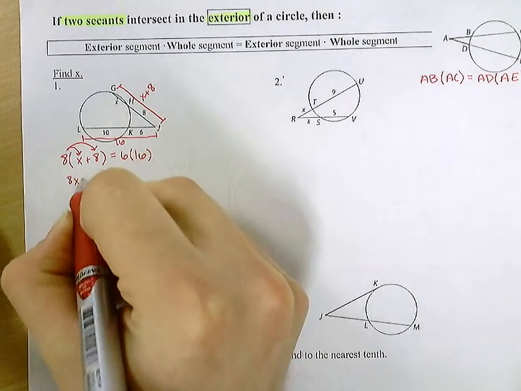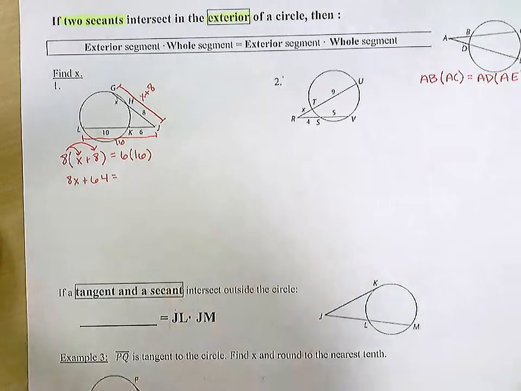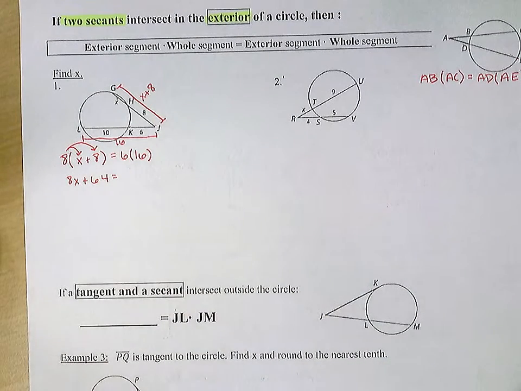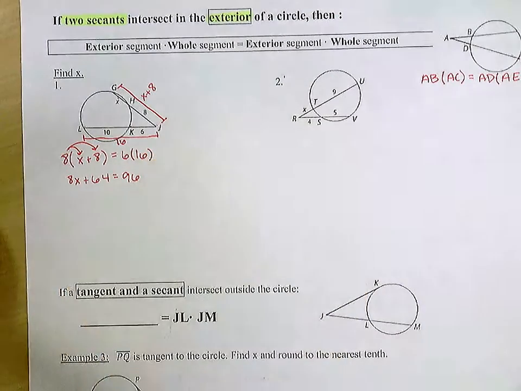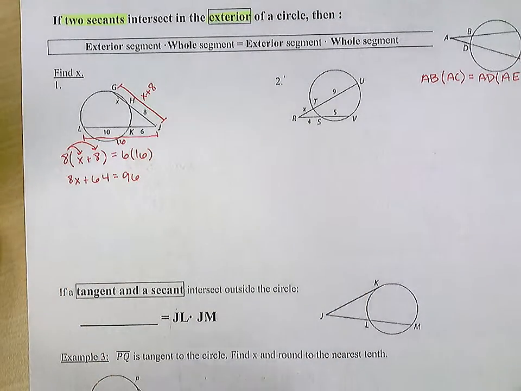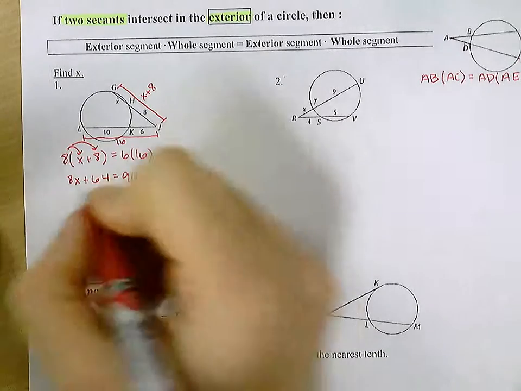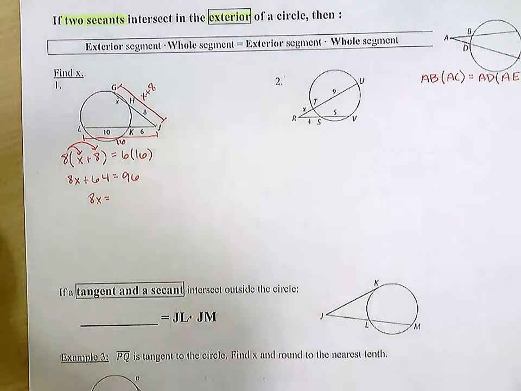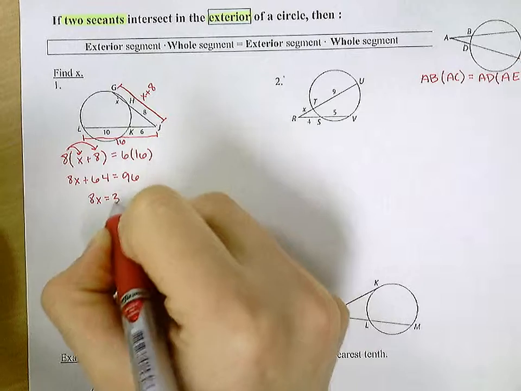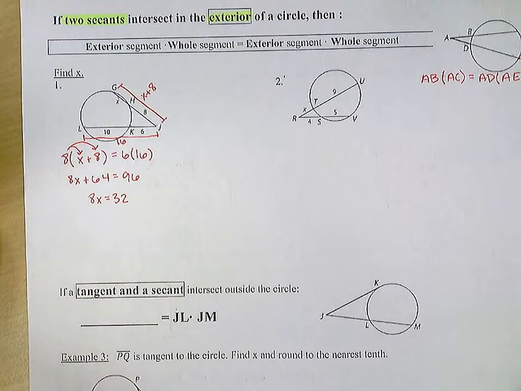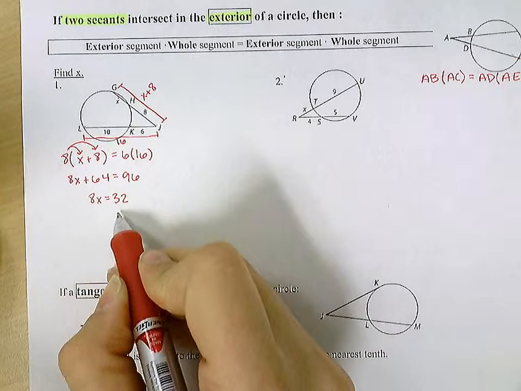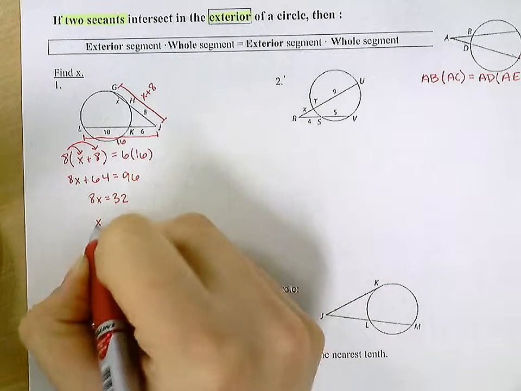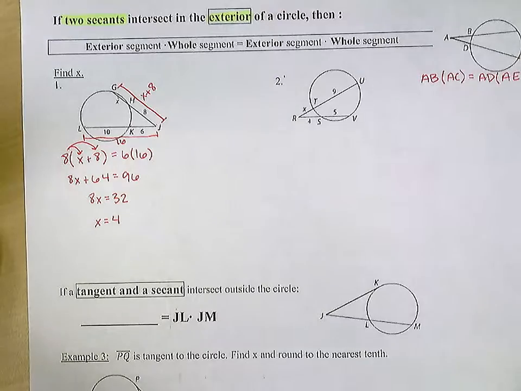So I have 8x plus 64 is equal to 6 times 16, which is 96. Subtract 64 from both sides. To get 8x is equal to 32. Then divide both sides by 8. X is equal to 4.